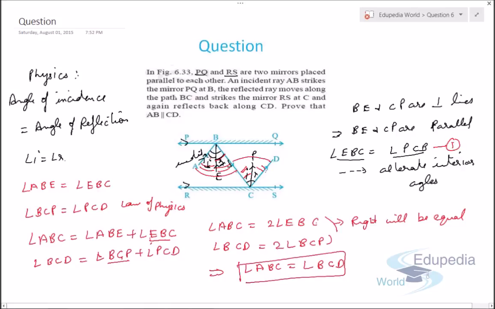If these two angles are equal, they make a pair of alternate interior angles on this line and this line, with this as a transversal. So we can say that line AB is parallel to line CD. This is how we can prove the question.